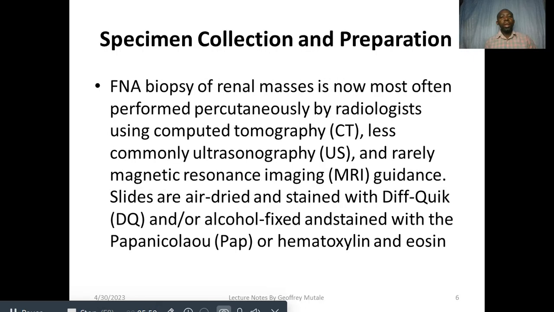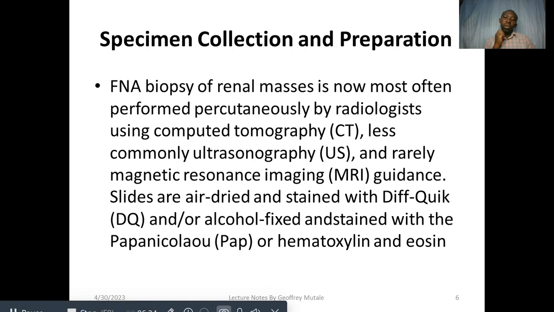So how do we collect specimens, and how do we prepare our samples for kidney FNA in this case? FNA biopsy of renal masses is now most often performed percutaneously by radiologists using computed tomography, commonly known as a CT scan, and less commonly ultrasonography, and rarely magnetic resonance imaging, to identify the lesions.